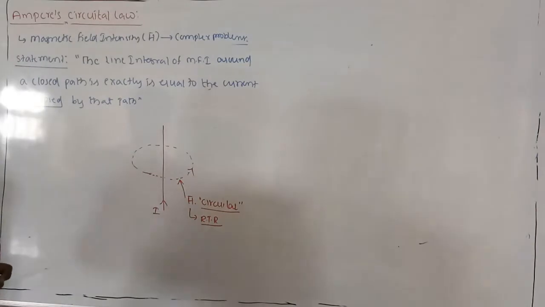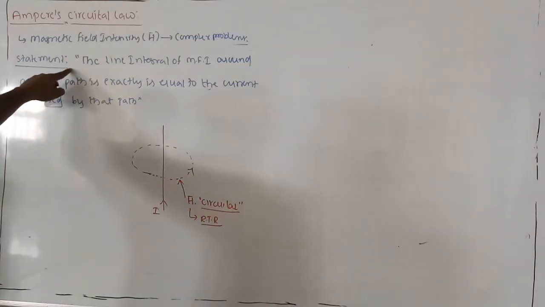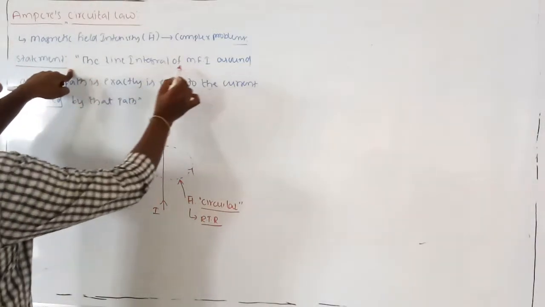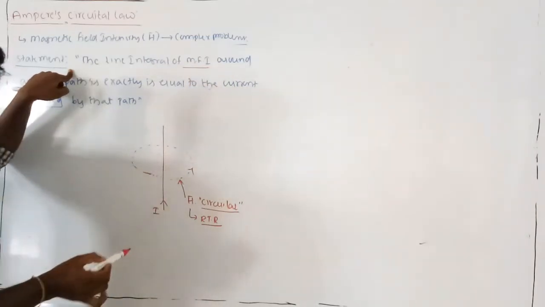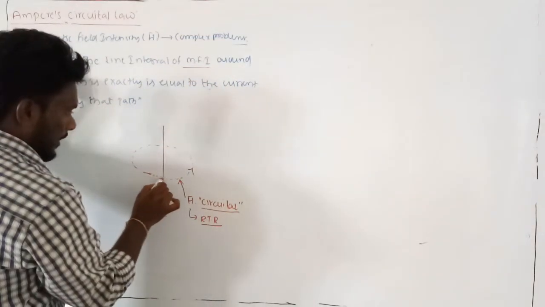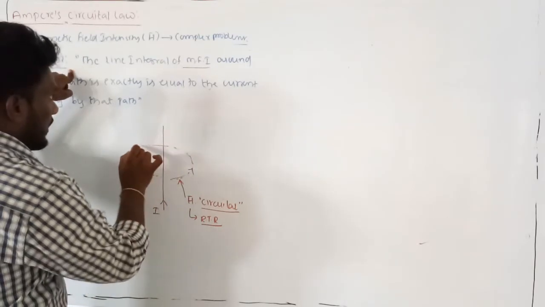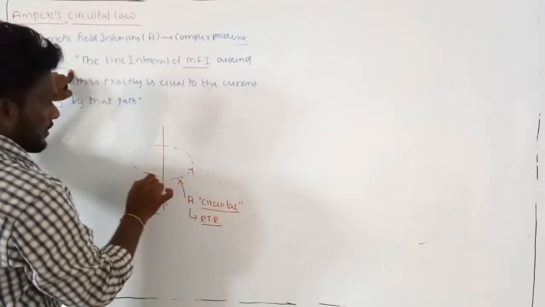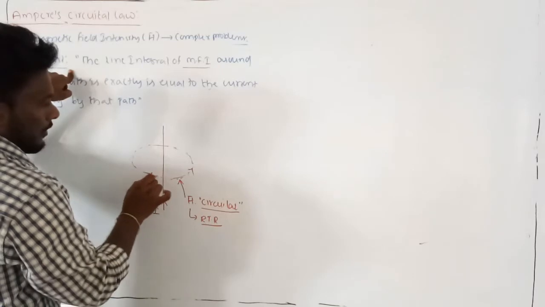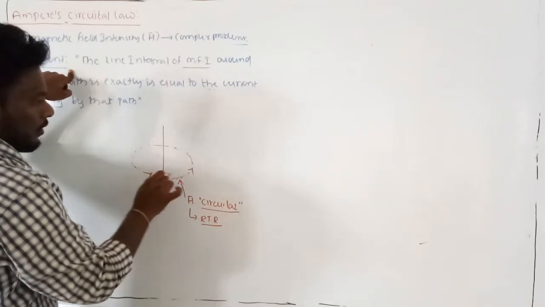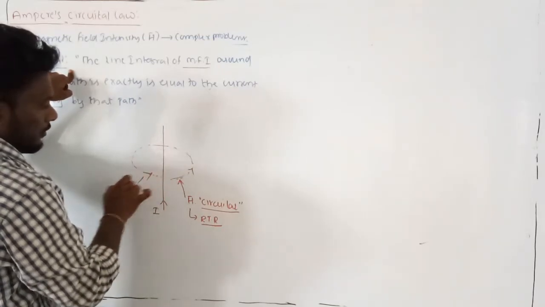Now, what is the statement of Ampere's law here? The line integral of magnetic field intensity. This is the field part. Suppose you start here, complete the path throughout this circular path, and finally come back to this point.